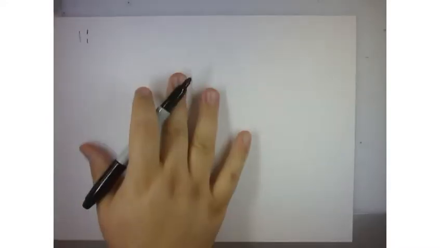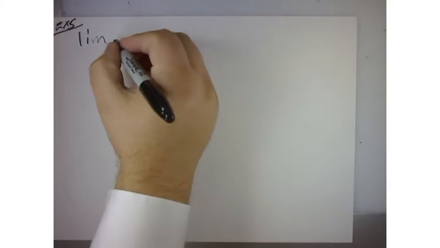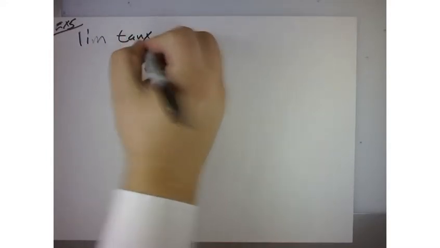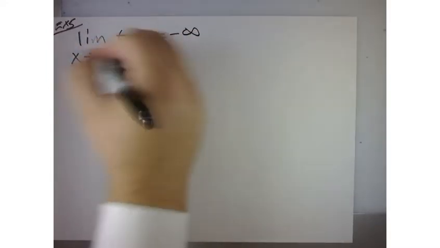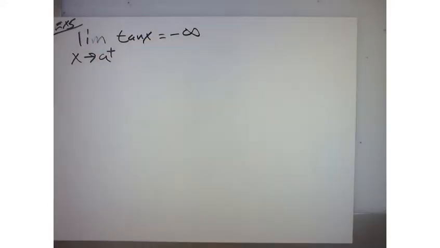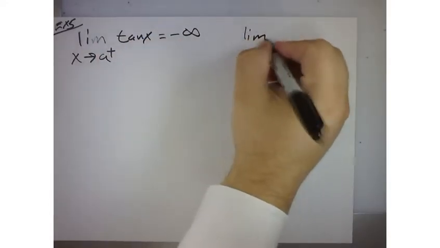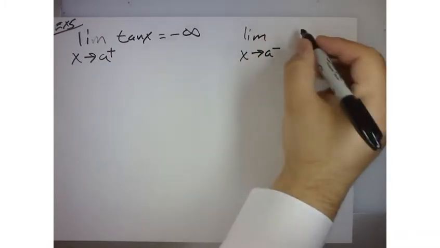So for example number 5, what they want us to do is find the limit, and this is kind of funny, they want us to find the limit of tangent of x equals negative infinity, from the right-hand side, and the limit as x approaches some value from the left-hand side.